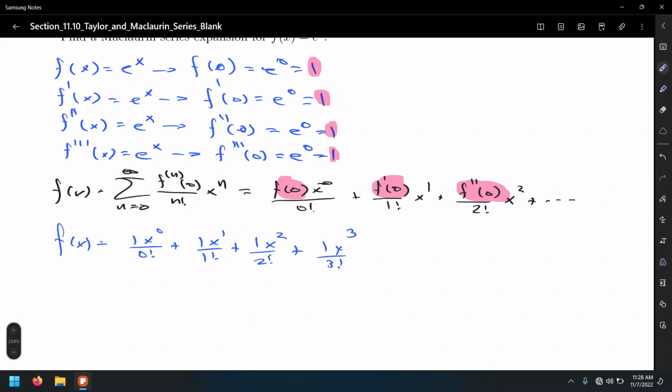And while the pattern continues, notice how these evaluations at x equals 0 are 1 every single time. So we can keep writing more terms. So that's 1x to the 4th over 4 factorial, etc.